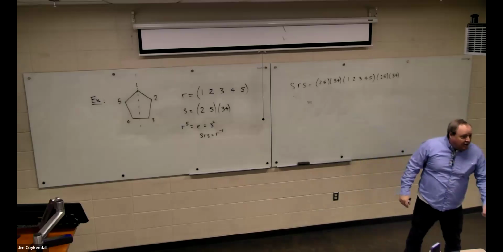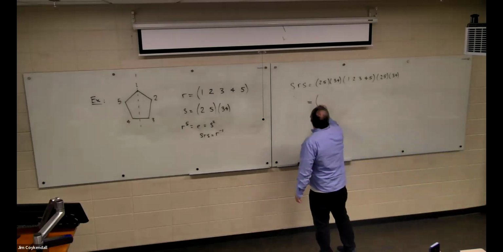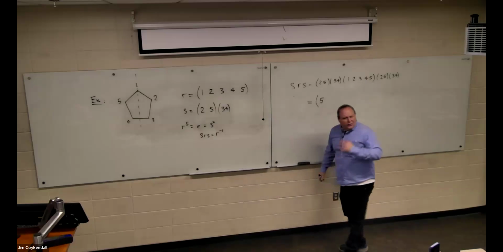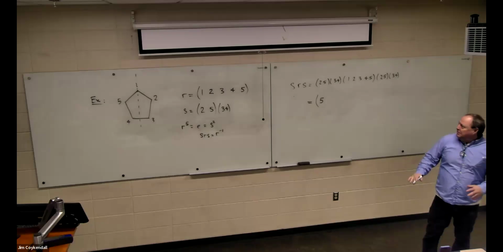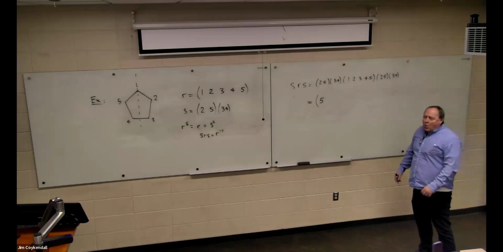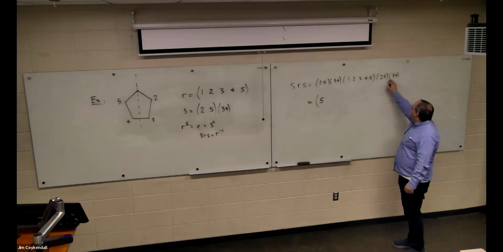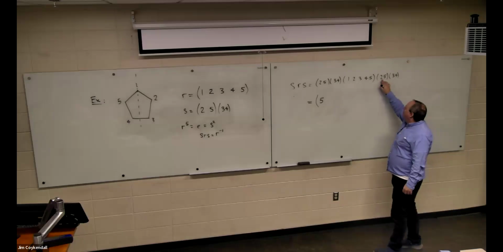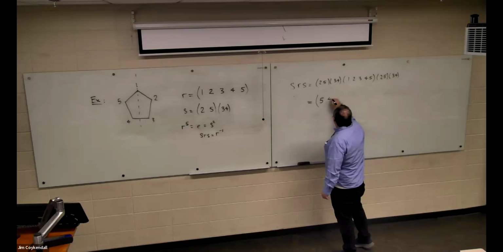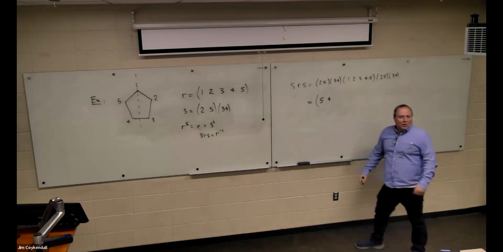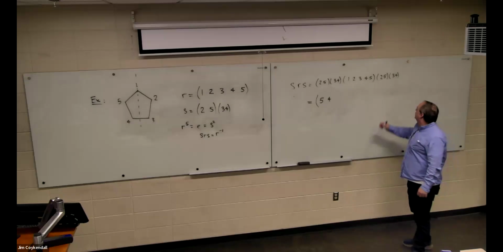Now, let's see what this does. I can start anywhere. I usually start at 1, but I'm going to start at 5 for reasons of clarity you might see. Where does 5 go? 5 goes to 2, to 3, 4. Where does 4 go?